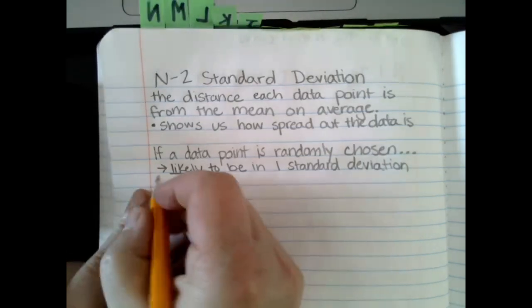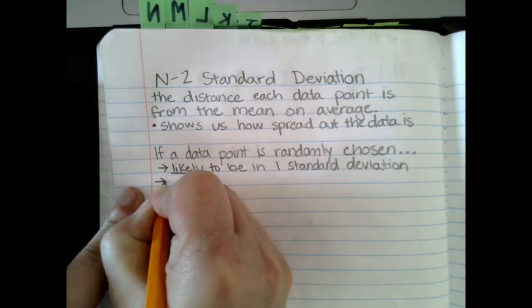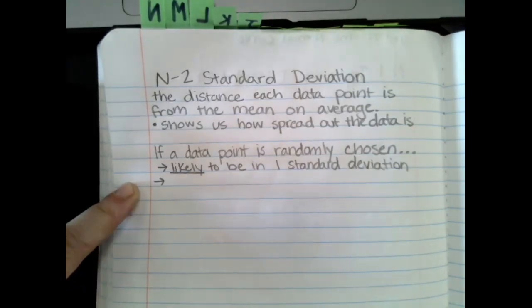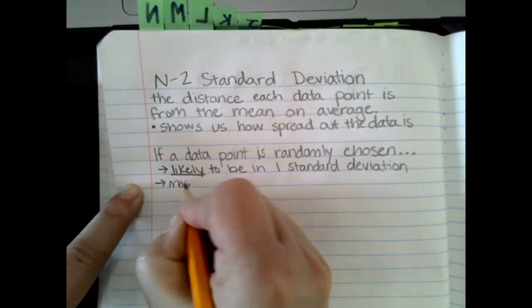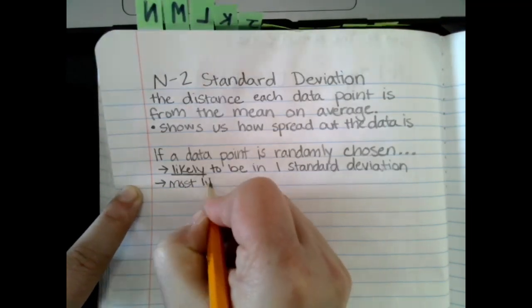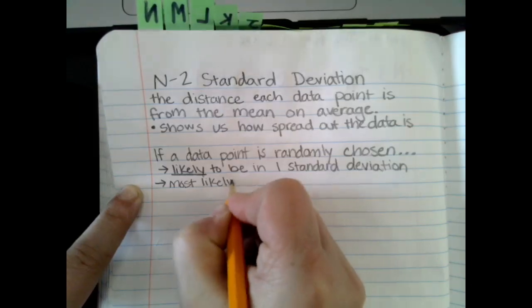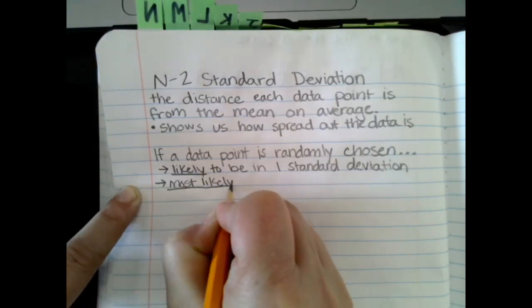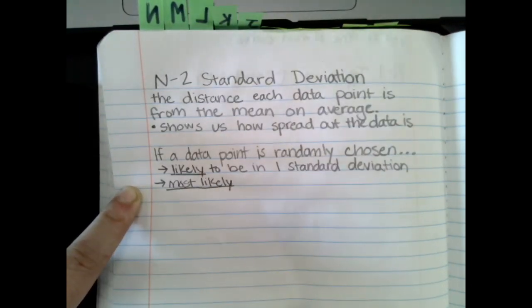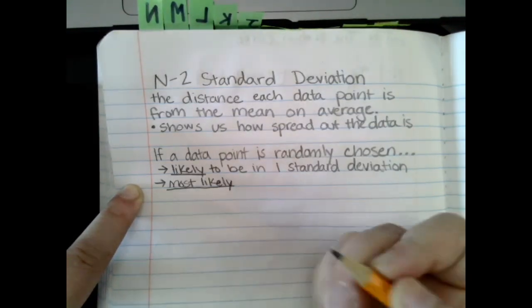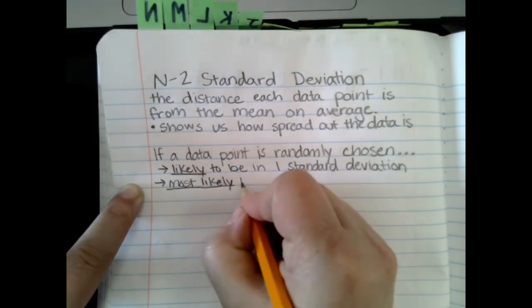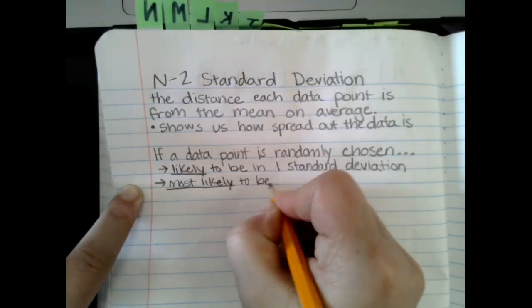We don't have a word for an in-between likely and certain. So we say most likely, meaning it's even more likely than it was before. Most likely to be in 2 standard deviations.